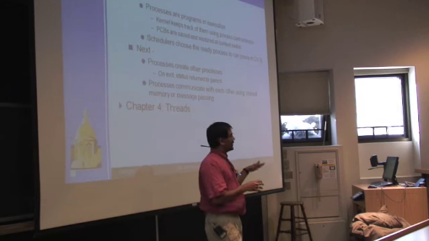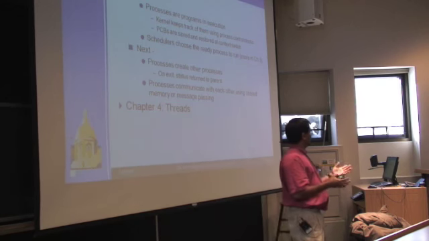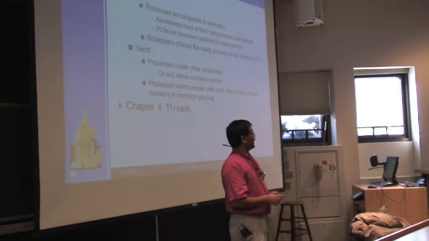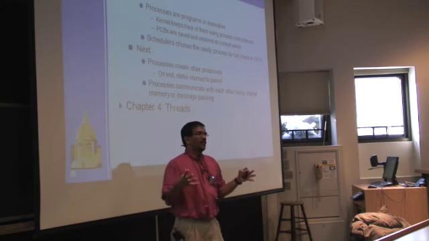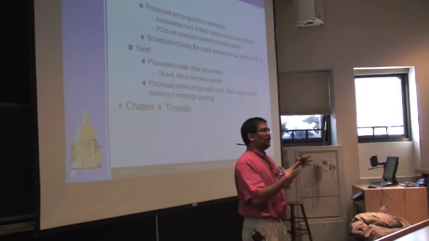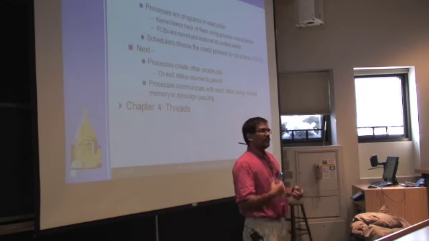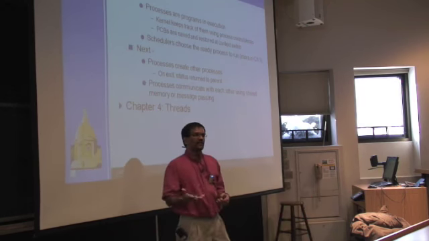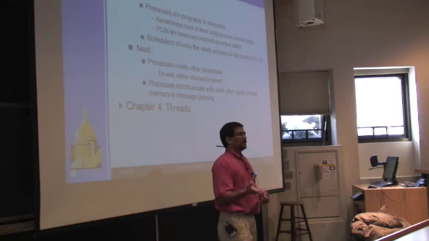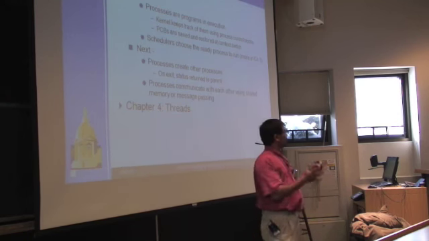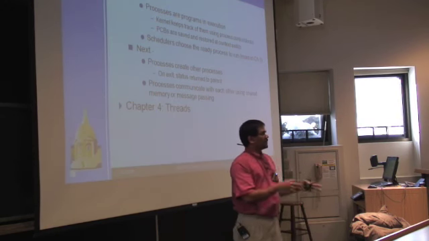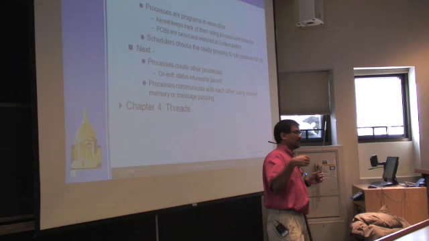So last class we started the first module, which is talking about processes. We talked about a process as the way for the operating system to know when a program is running, a way to give it resources, and a way to store whatever context it needs when it does a context switch. If it's trying to move from one process to another, it uses that as a scratch space.